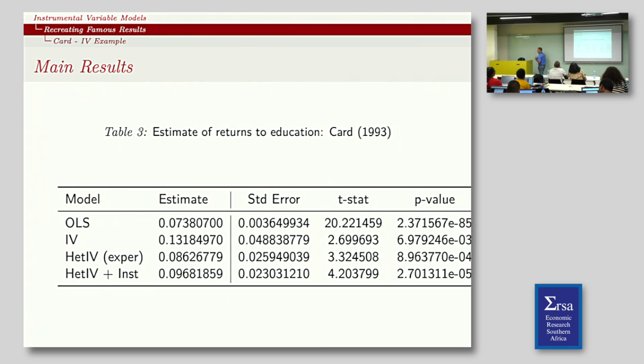But the other thing that's kind of nice to see from this is that I've got a different instrument and I've got a different estimate. Okay? That shouldn't surprise me given what we've said before, because the instruments are likely to work through potentially different channels. So I don't expect the same result. I don't get the same result. The other thing you see, as I said before, is that once I add an additional instrument, you can think of this as being 2 instruments, this as being 1, and this being 1.